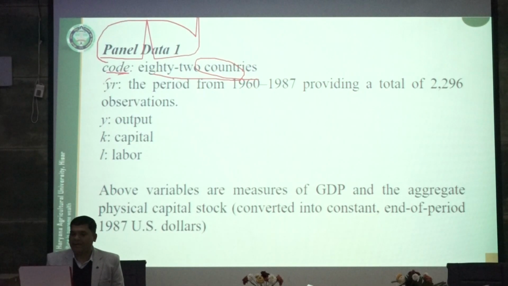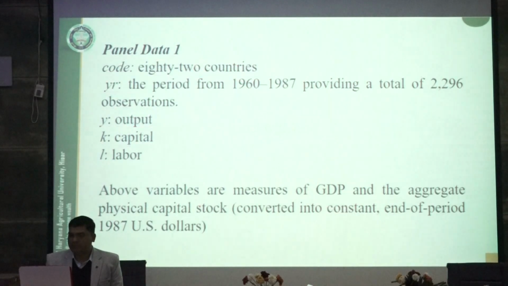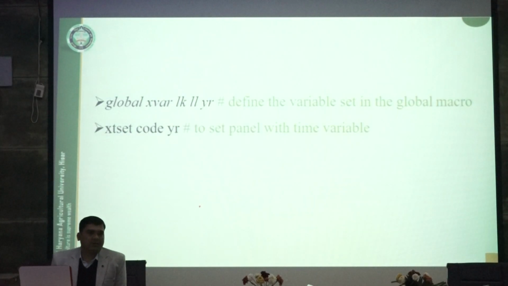This YR is the years from 1960 to 1987, with 2296 observations in total, and Y is the output, which is GDP. Okay, and K is the capital, L is the labor, and these are the codes for Stata.